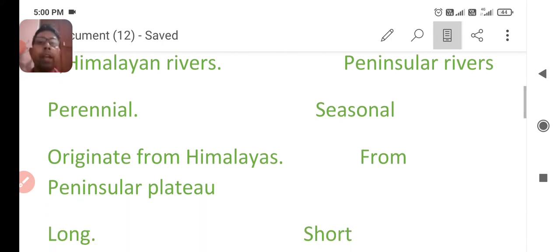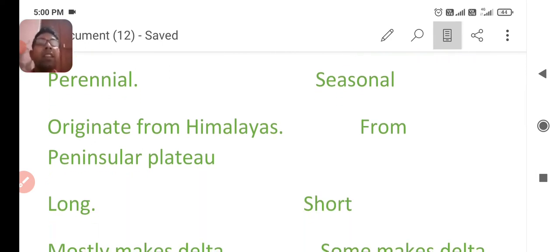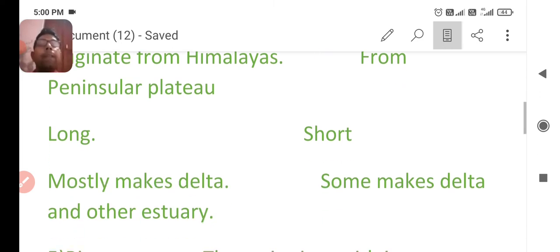And the next point, Himalayan rivers originate from the Himalayas. On the other hand, peninsular rivers originate from the peninsular plateau. And next point, Himalayan rivers are long.